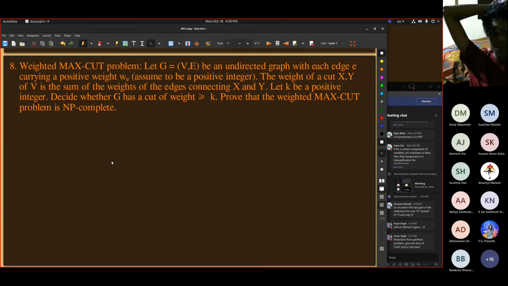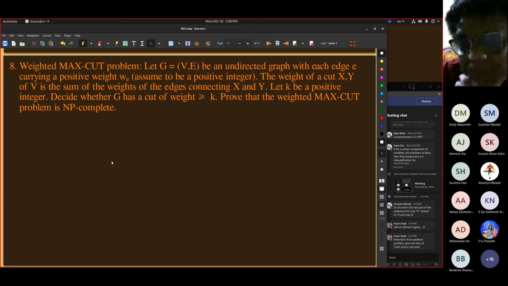Why is this so difficult? What is the unweighted variant of max cut? That is the max cut we have already studied, right? And that is already NP complete. So this is even a generalized version. How can it be easier than that special version?